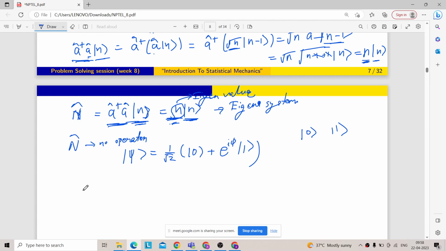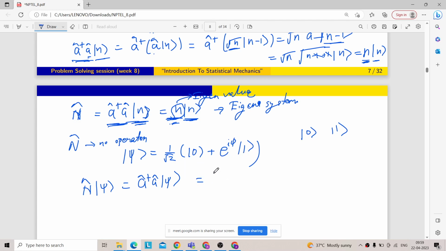So when this number operator, a dagger a, operates on this state psi, what will happen? We can directly apply this. So this is a linear system, so this operator acts on this state linearly, so it will impact each of the terms individually.